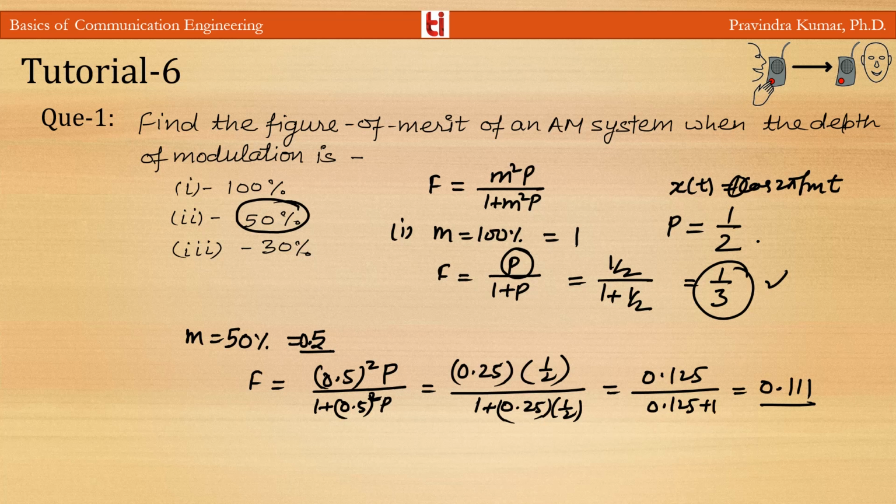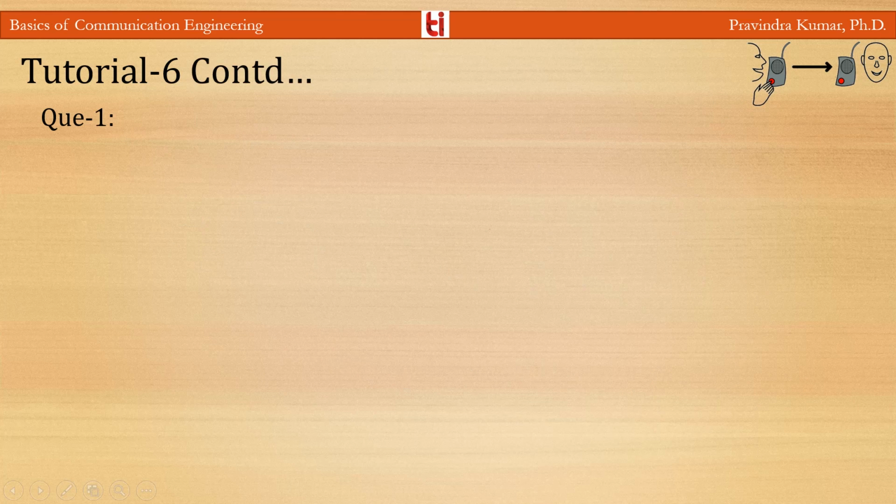Now if the modulation index is 30%, this means m is equal to 0.3.